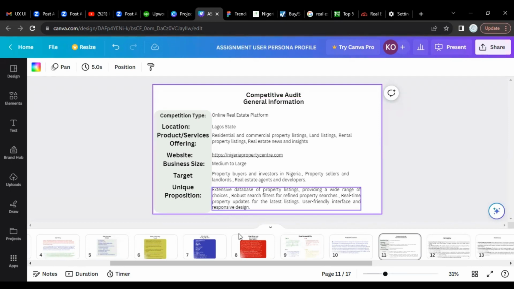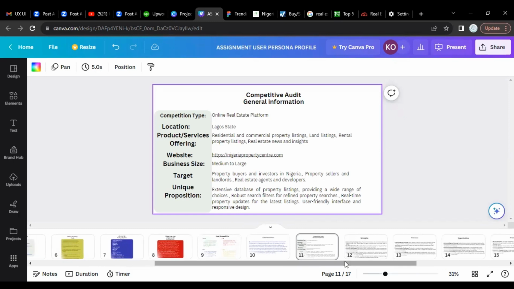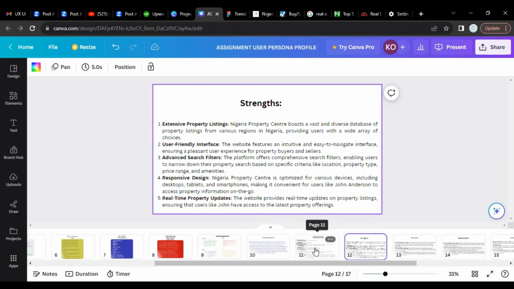Exactly, the competitive audit should be like that, and it is. So you have done a good job here. Competitive audit: name, location, product or service they are offering, website link, and business size and targeted audience. Next is unique value proposition. So it's quite good, this is how it should be.